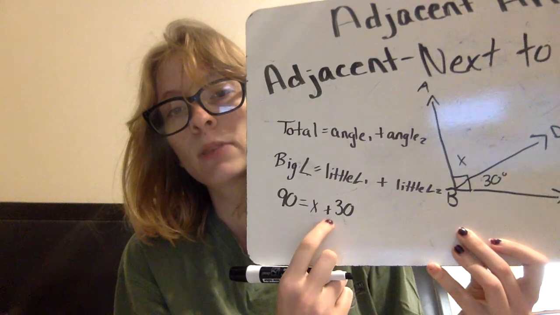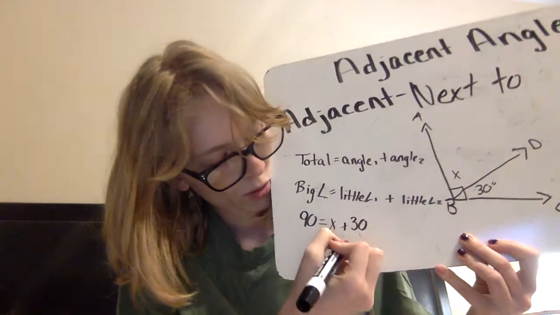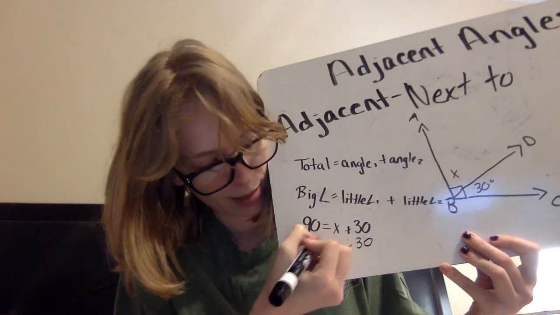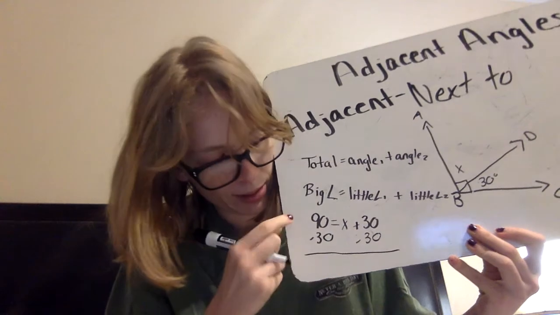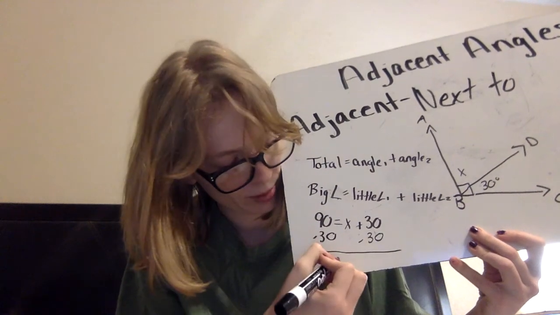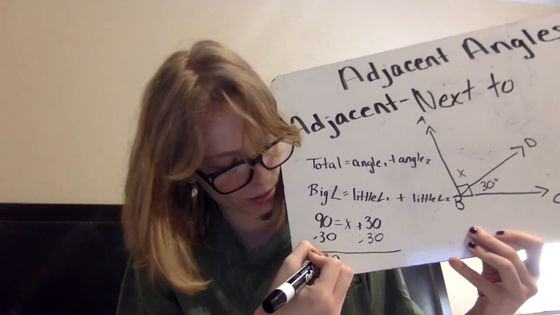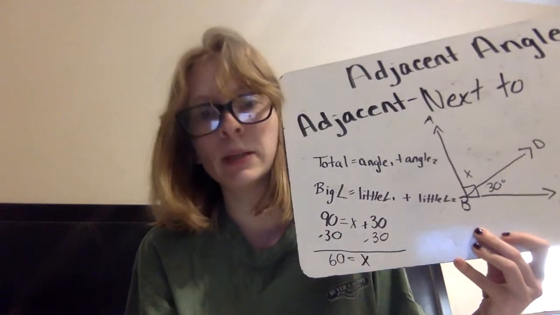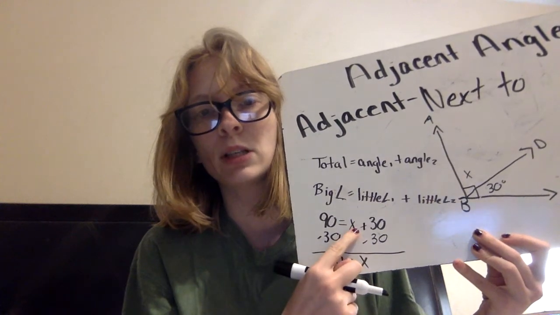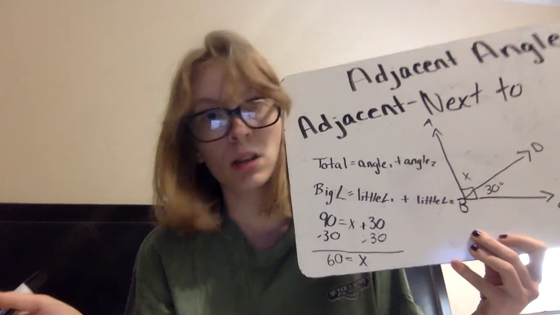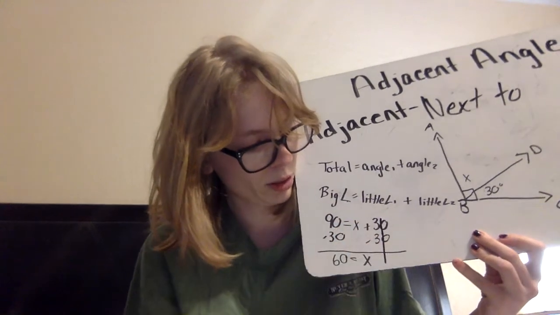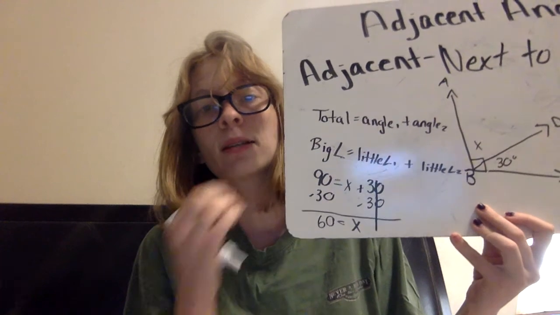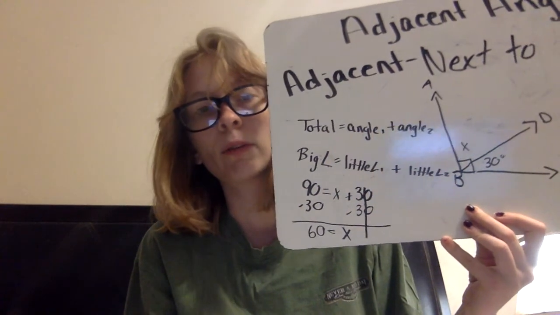So the opposite of addition is subtraction. So minus 30, and we're going to do it on both sides. 90 minus 30, 0 minus 0 is 0, 9 minus 3 is 6, equals x. Because remember, you had 30 over here, and you're subtracting 30, so now that's gone. Cancels it out. So 90 equals x plus 30. Subtract 30 from each side.